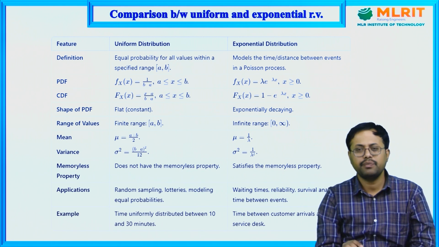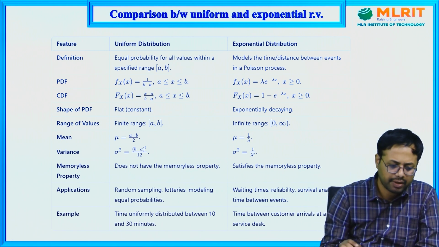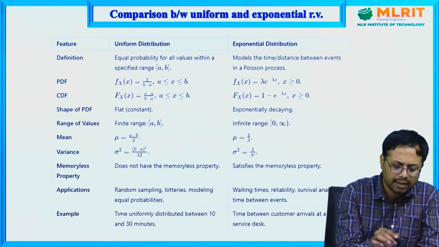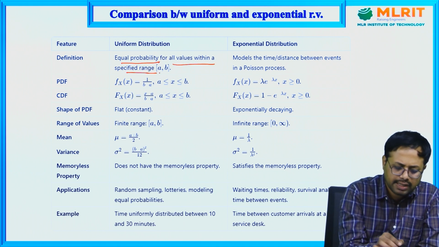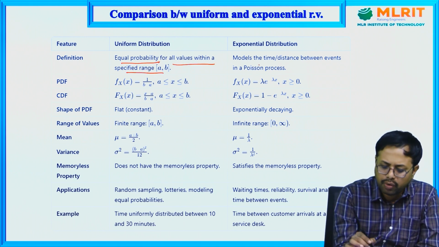Next, the comparison between uniform and exponential random variables. The definition tells that the uniform random variable has equal probability for all the values within the specified range. The exponential distribution models the time or distance between events in a Poisson process.